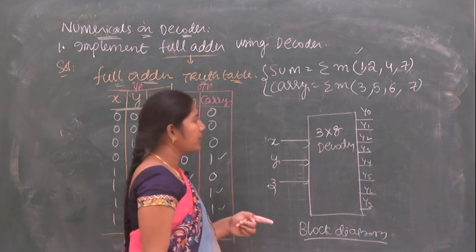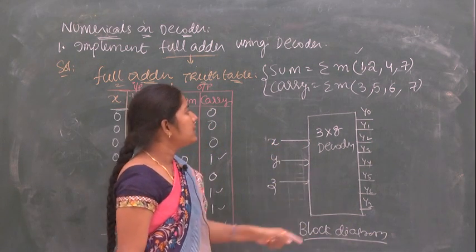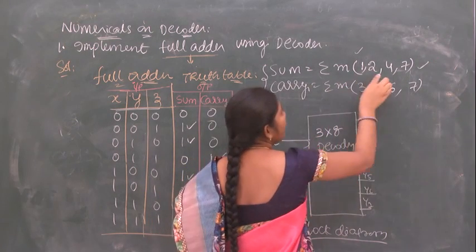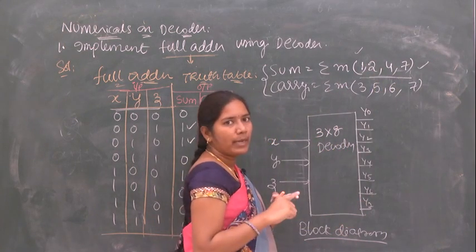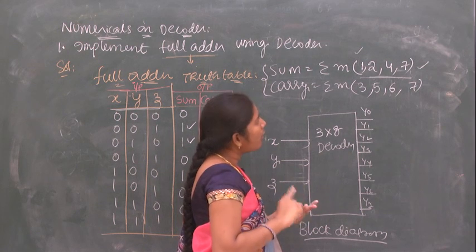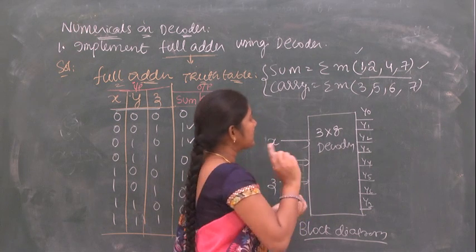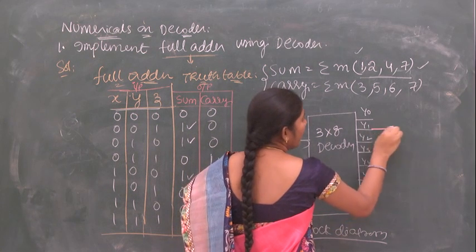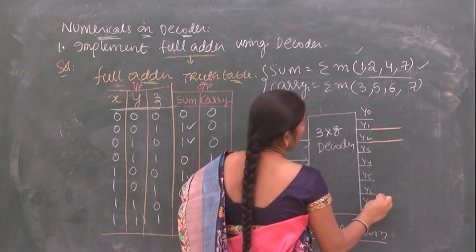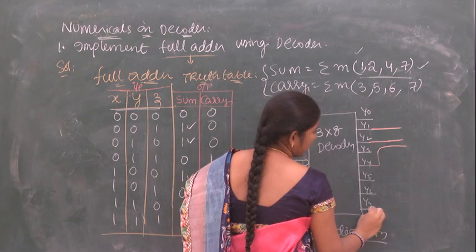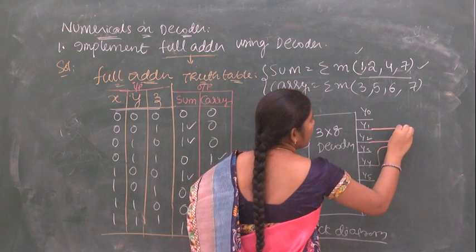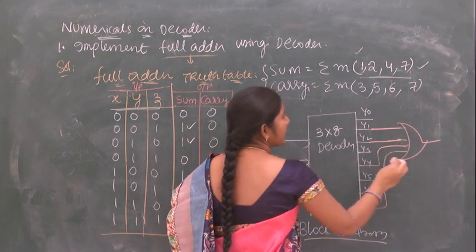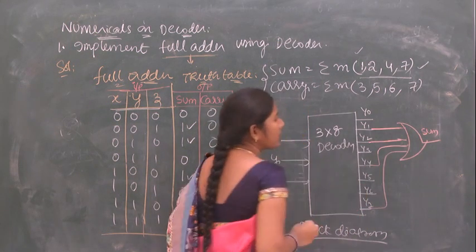of 3 cross 8. Now, we need to represent some values. Sum is high for minterms 1, 2, 4 or 7. So consider those outputs and give them to one OR gate. This is the sum expression.